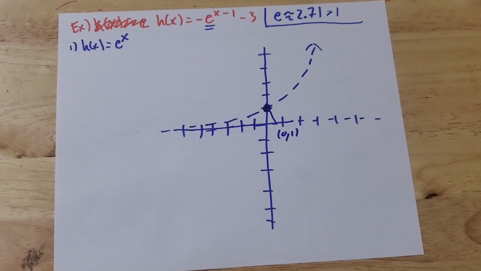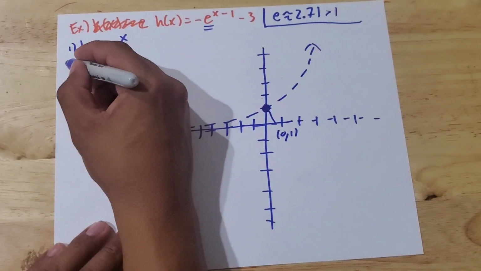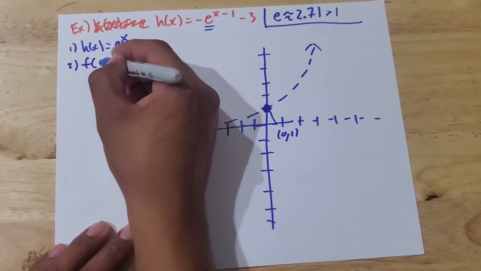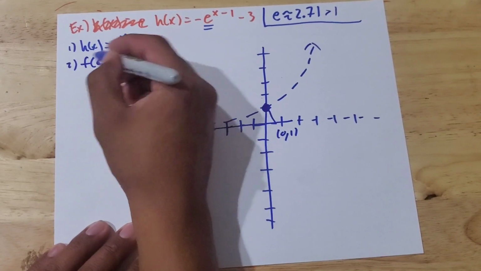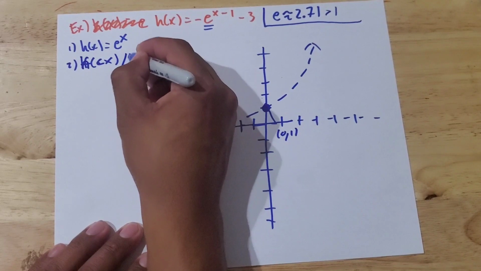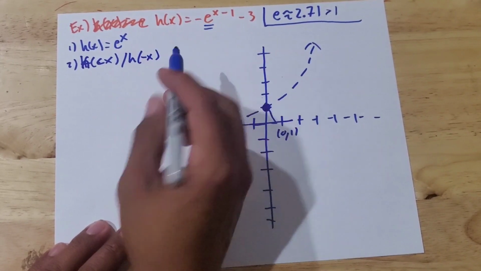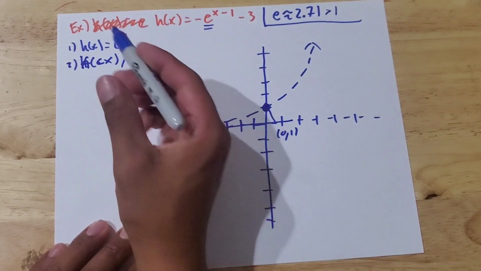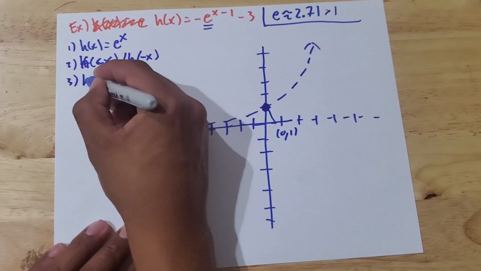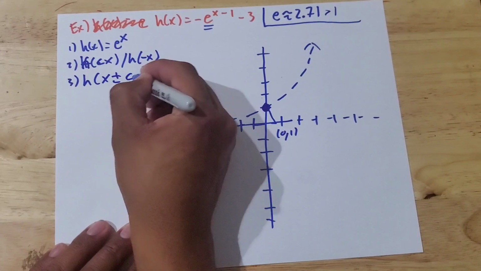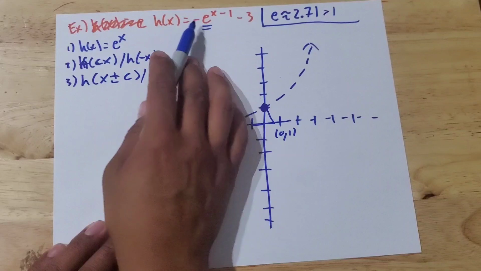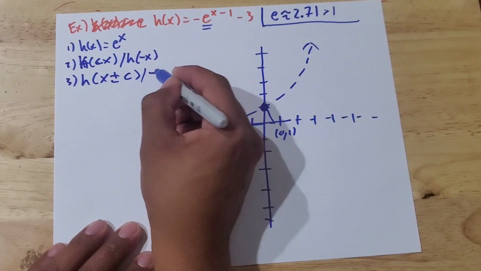Now we need to see if anything is multiplying inside the function, or I guess in this case, h of x. Either a negative or a constant, and there's nothing multiplying. Now I need to see if anything is adding or subtracting inside, which there is. There's a subtraction.